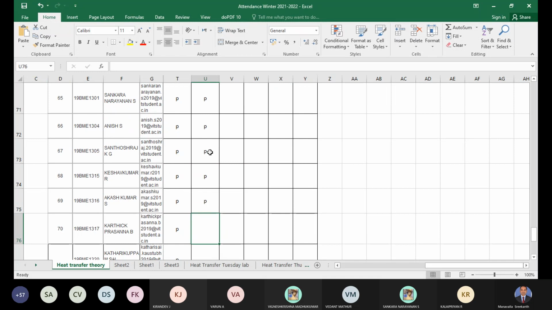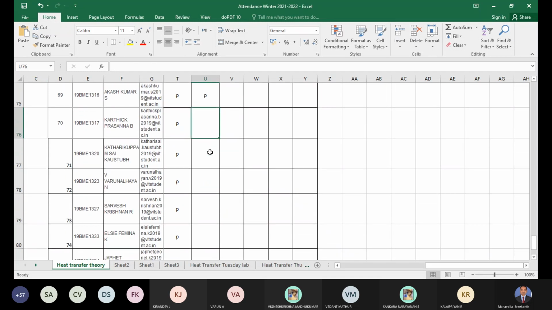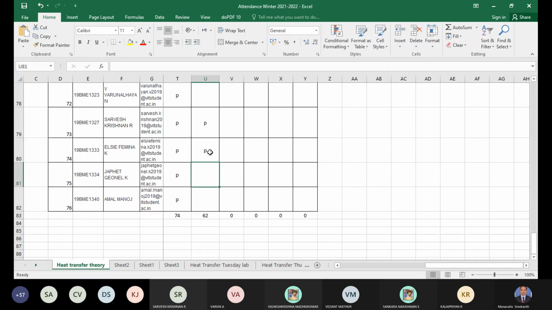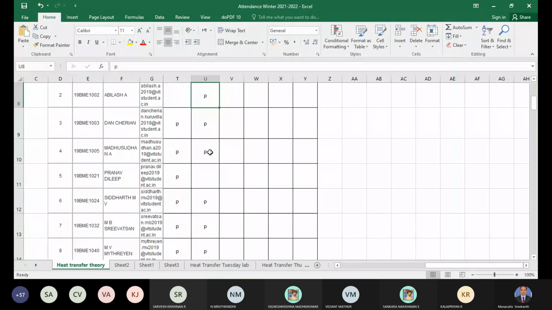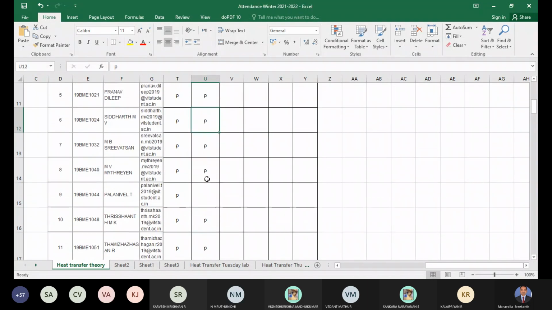Sai Kaustubh, present, sir. Sarvesh Krishnan, yes, sir. Manoj, present, sir. Mritunidhi, yes, sir. Pranav Dilip, present, sir. Chaturvedi, present, sir.